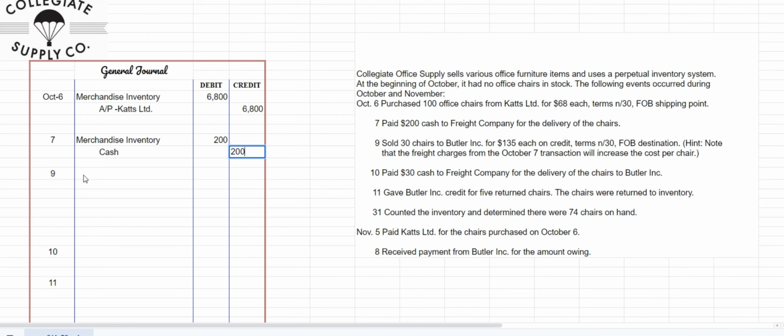So let's start with the accounts first. If you sold 30 chairs to Butler Inc., the debit account is going to be accounts receivable, since N30 means they're not going to pay you right away. They will pay you in maximum 30 days.